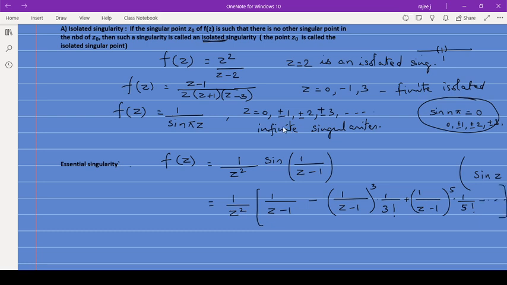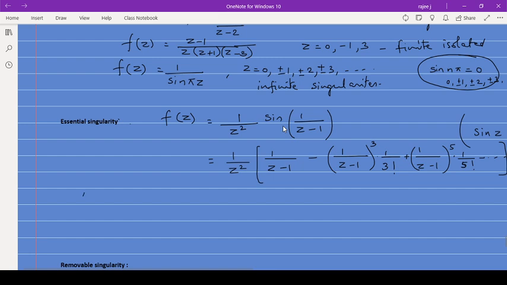Now this is equal to 1 by z square into, after a small simplification, 1 upon z minus 1 minus 1 upon (z minus 1) the whole cube into 3 factorial, which is 6, plus 1 upon (z minus 1) raised to 5 into 5 factorial. 5 factorial means 5 into 4 into 3 into 2 into 1, minus etc.